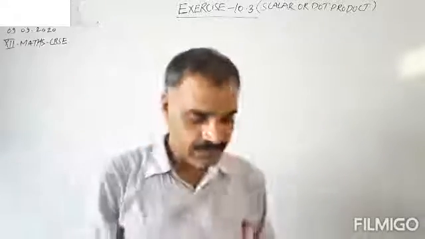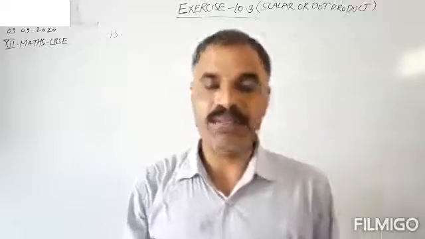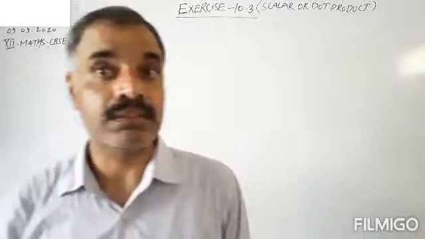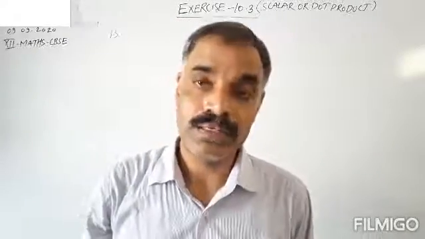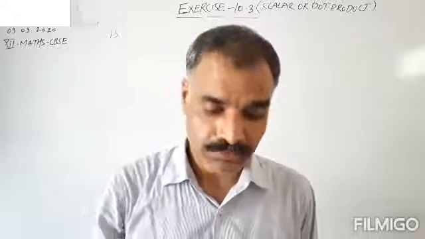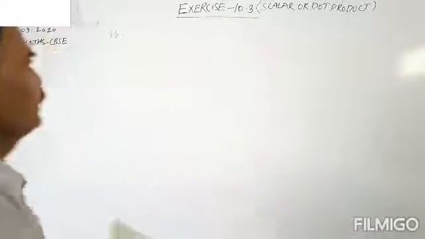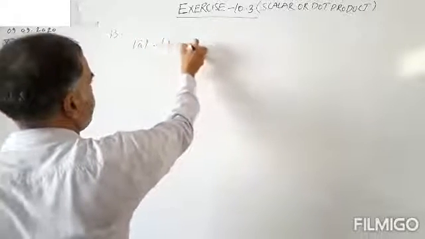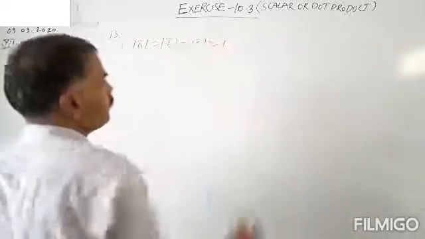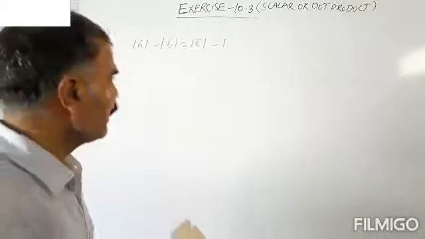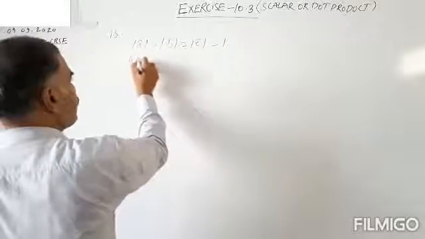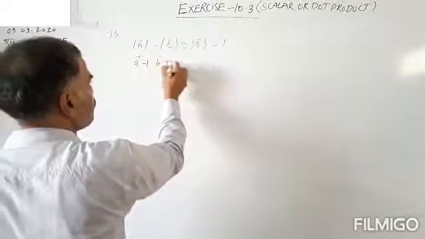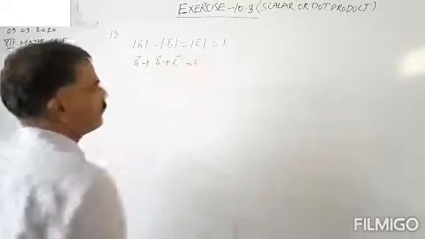Question number 13 is, if A vector, B vector, C vector are unit vectors, such that magnitude A vector, magnitude B vector, magnitude C vector is equal to 1, and also it is given that A vector plus B vector plus C vector is equal to 0.